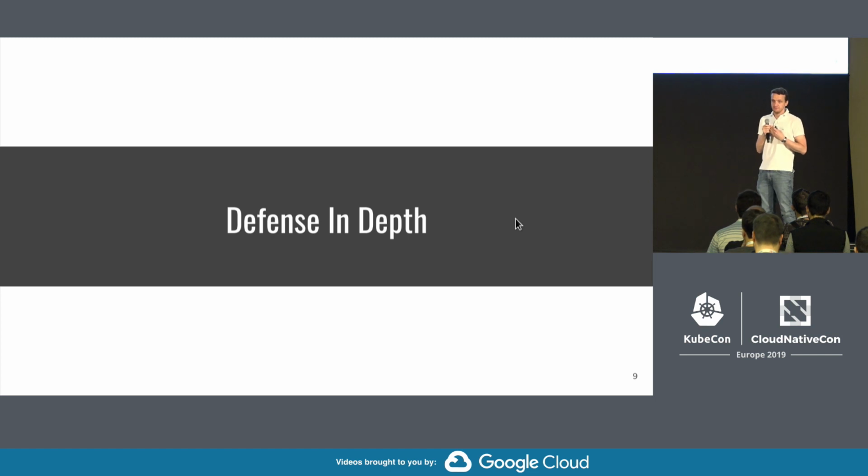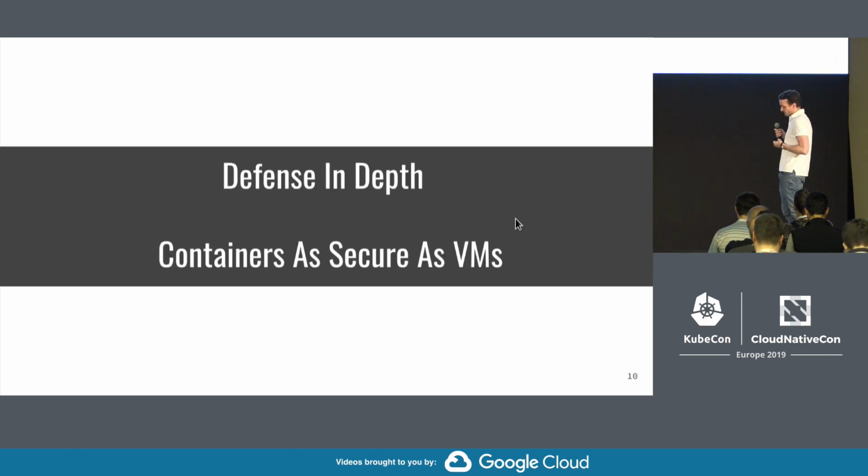The way you build your security story, at least for your container workload, is by defining how many of those layers you want to add. You want to be able to say, I just want to run my containers through namespaces and nothing else. Or you want to add as many as you want. And what we're doing is adding hardware virtualization as another isolation layer and effectively making containers as secure as virtual machines.